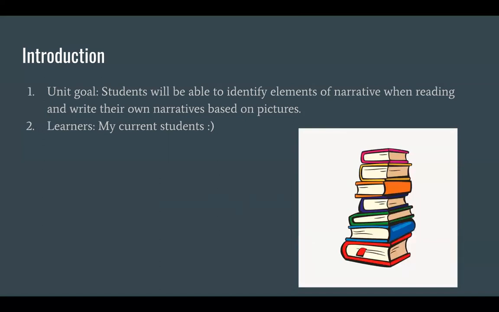So they need to be able to identify those four things in any text that they read. We do spend a lot of time discussing the effectiveness of those types of elements of narrative. So that's thrown in there as well. But my main goal is just being able to find them within the story that they're reading.